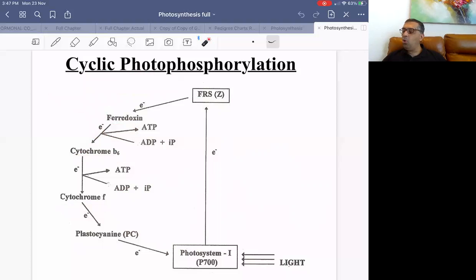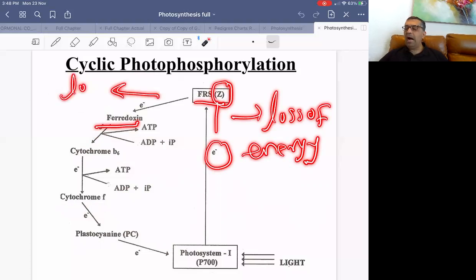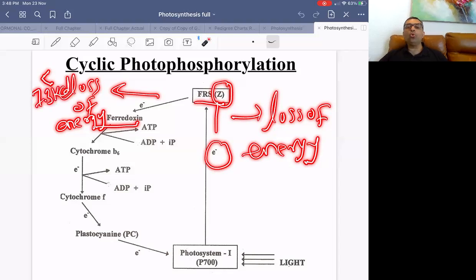When electron goes to Z, there is loss of energy. थोड़ी सी एनर्जी लूज होती है, but it is not sufficient to make an ATP. From Z to ferredoxin, again there is loss of energy, but not enough energy, means less than 7.3 kilocalories of energy, means उसमें भी ATP नहीं बनता है.